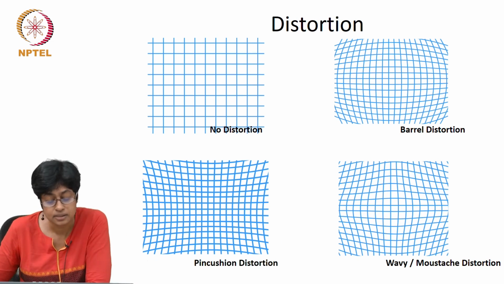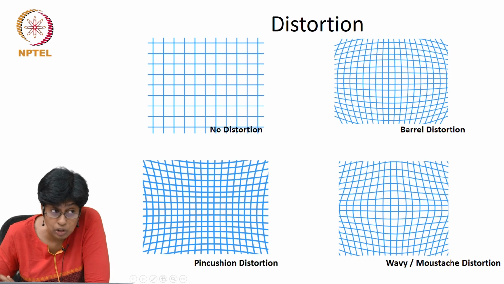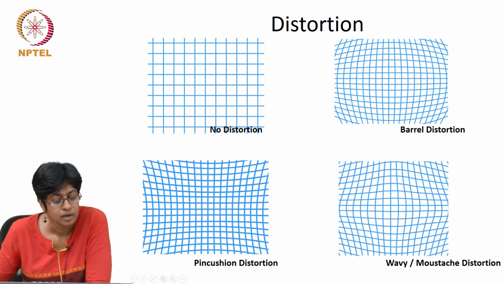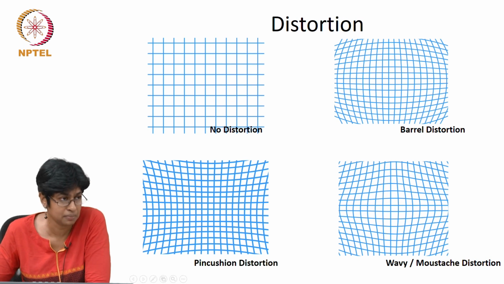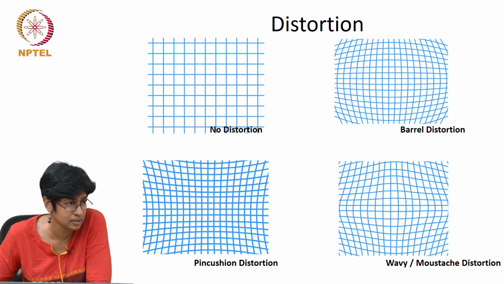Distortion is where I have perfect focus, nothing looks blurred, but you can see this top image here is what should have been the image. So I'm imaging a set of grid lines, and they're perfectly perpendicular with square areas between these grid lines. And this is what I should get as an image.